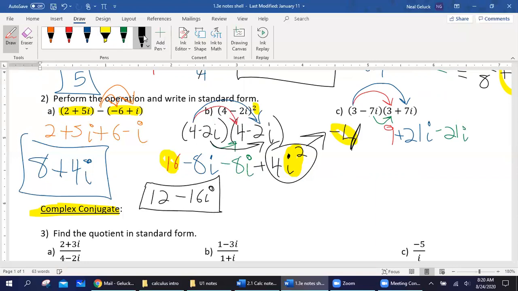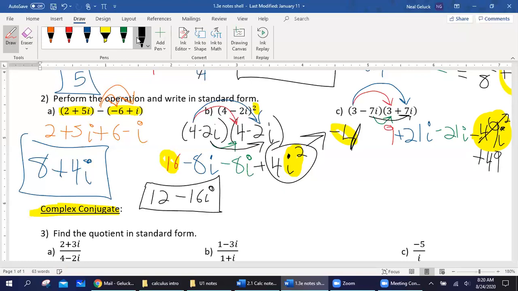And then last times last, again, be careful here, it's going to be negative 49i squared. Just like on the previous problem, i squared is negative 1, so negative 49 times negative 1 is actually going to become positive 49.